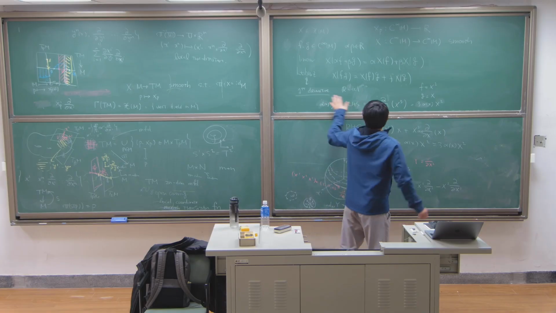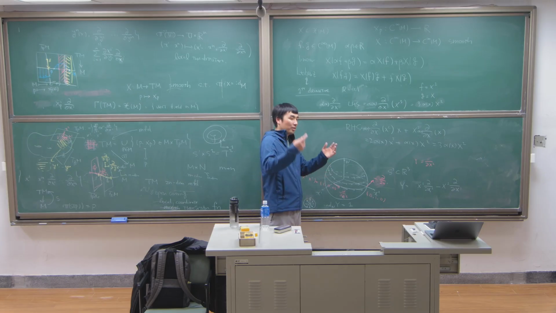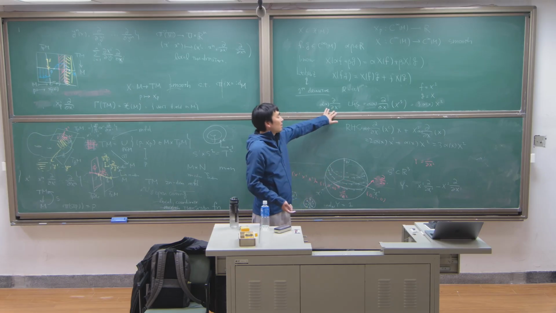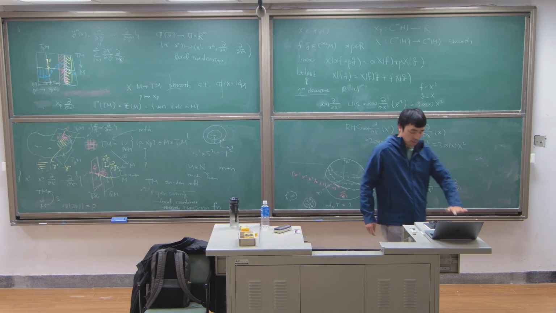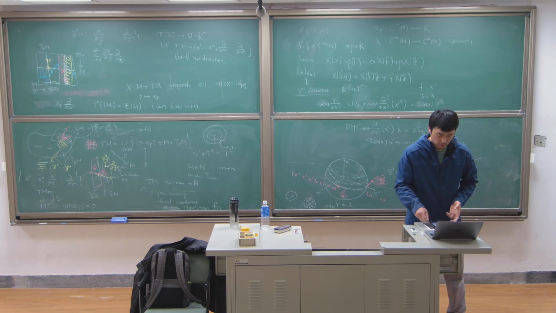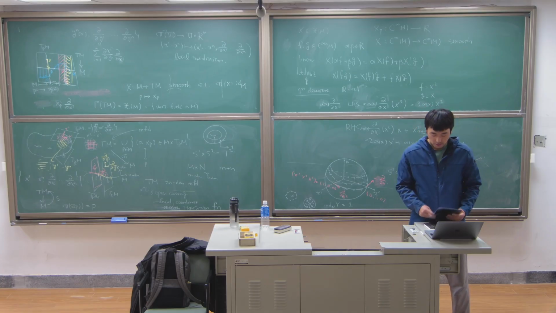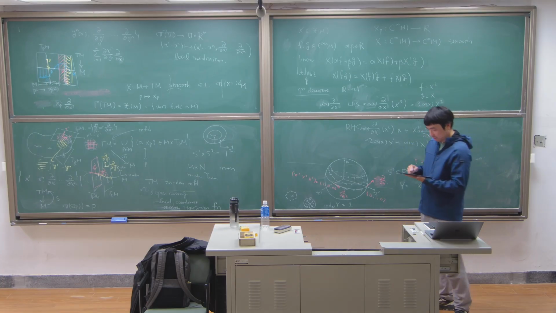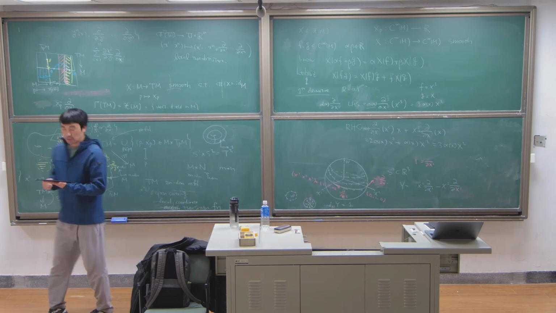So this Leibniz rule literally means that a tangent vector, and also a vector field, is just the first derivative. Is that what it means? That's what it means. Any question on this one? Okay.